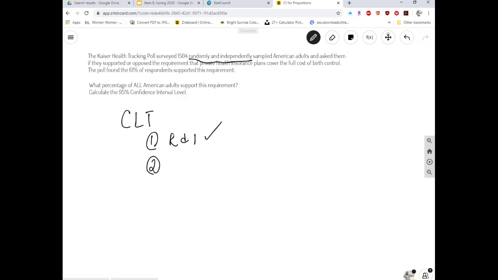Let's check that now. So my sample has 1,504 people, and the p-hat was 0.61.